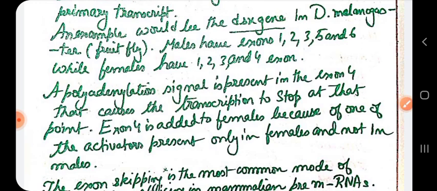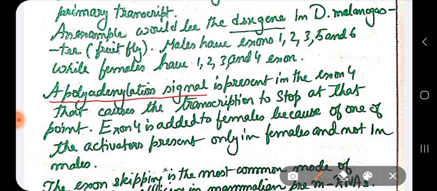Actually, it is explaining why exon skipping happens. The reason has been mentioned here with the help of an example. A polyadenylation signal is present in exon 4.